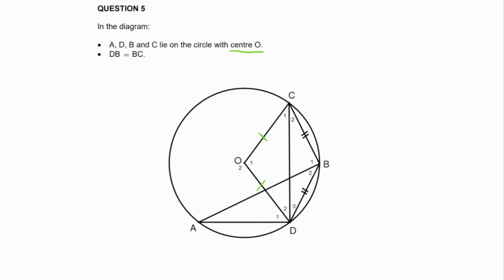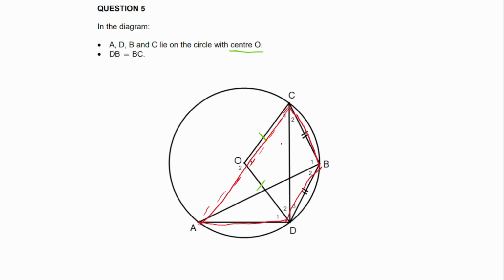And additionally, A, D, B, C lie on the circle, so I know that I have a cyclic quad. Let me show you. If I connect these two, I'm going to erase this in a second, I know that I have a cyclic quad from A, D, B, C, all the way here.